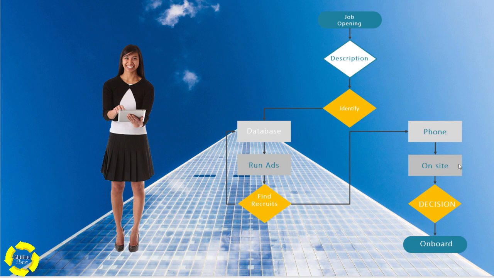So after the phone, we would then go to the on site interview. And again, I understand people do this in a lot of different ways. Some people have two interviews on site. That is fine. I'm sure that's going to depend on how important the position is, and how big of a position it is.